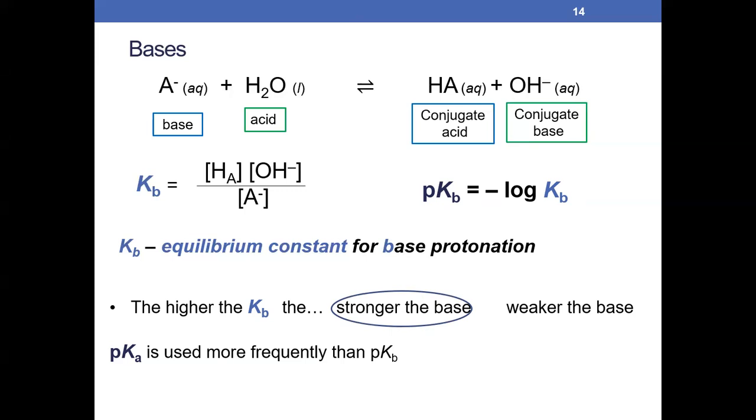So we can take the pKb. Honestly, we don't really use the pKb all that often. We're just taking the negative log of that expression, so just be familiar with what that represents. Typically we talk about the pKa values, the acidity values, more than we talk about the base values. We okay with this idea?